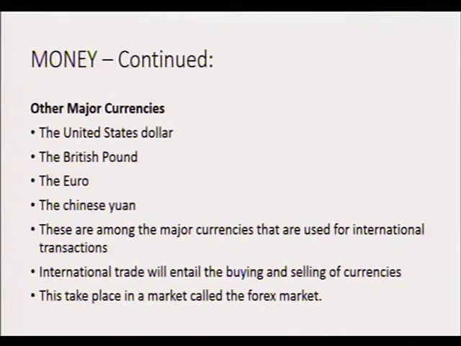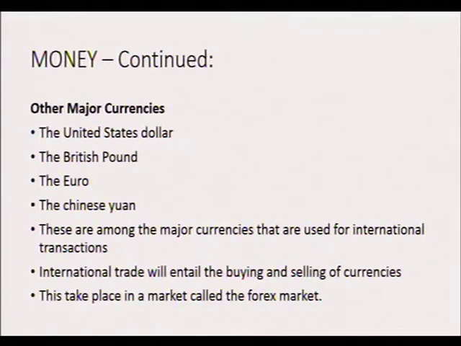One of the major currencies that are used for trading in the world is the United States dollar, which we call the US dollar. We have the British pound, we have the euro, we have the Chinese yen. This is mainly because China has been ranked as one of the most industrialized economies in the world.